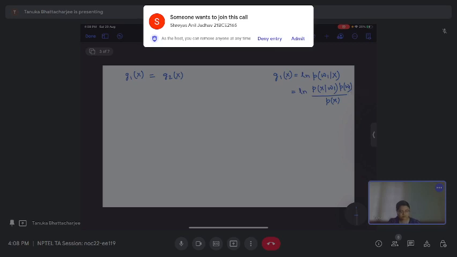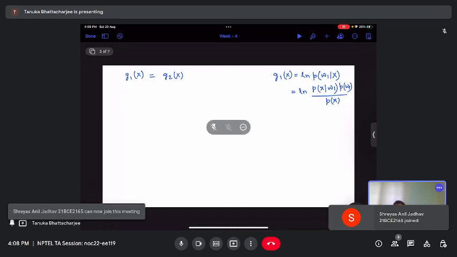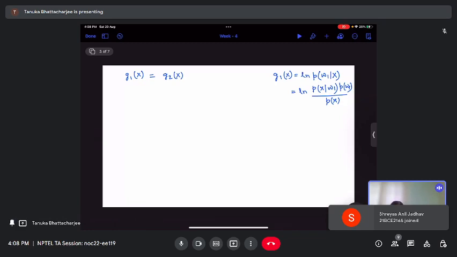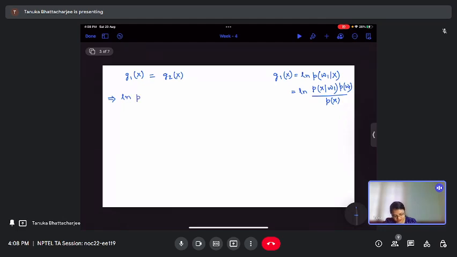So if I write this in g1x equal to g2x, it becomes ln of p x given omega 1 into p omega 1 by p of x equal to ln of p x given omega 2 into p omega 2 divided by p x.